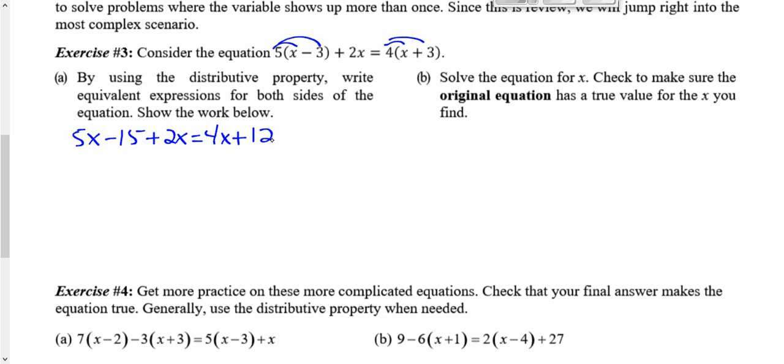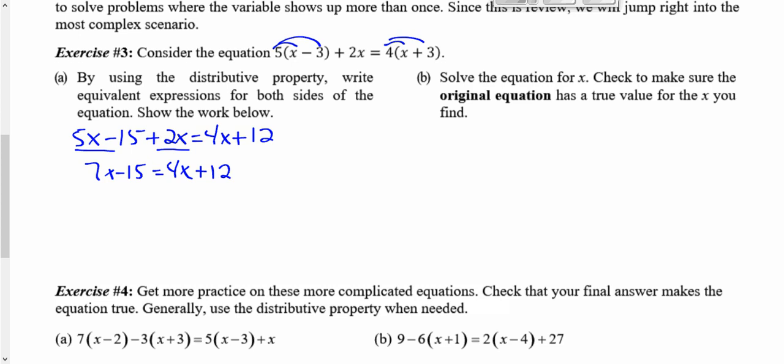We need them all on one side, don't we? Let's get our like terms combined over here. 7x minus 15 equals 4x plus 12, right? Okay? So that's the new equation. They wanted us to write this in a cleaned up way.